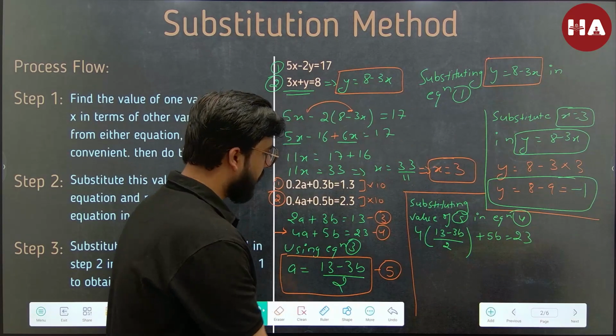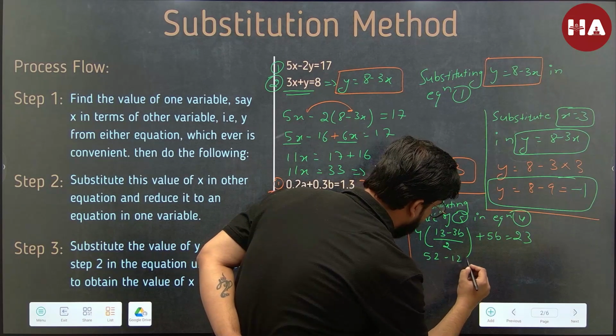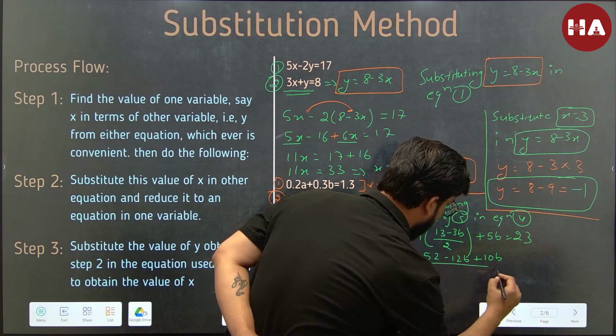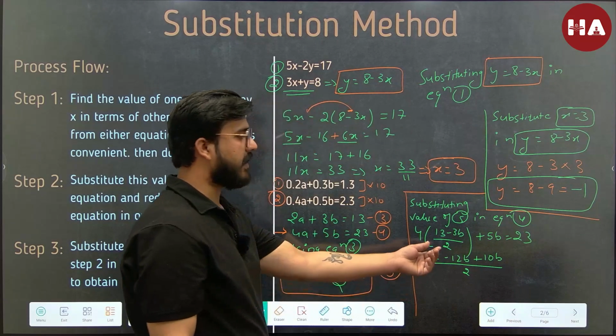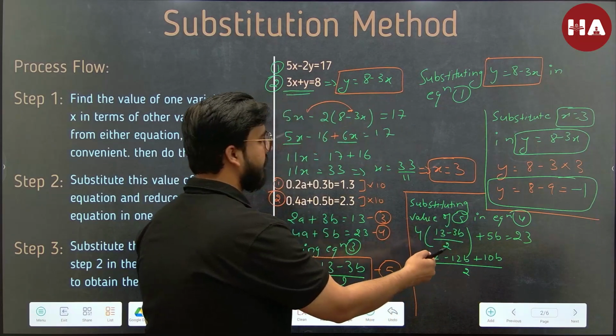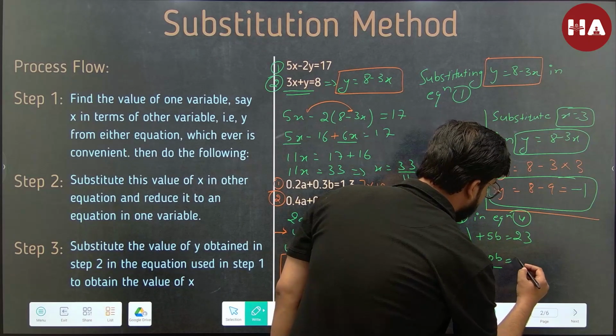Okay students, now this will be what? 52 minus 12b plus 10b over 2. I have taken the LCM side by side. So this will be 4 multiplied by 13, that is 52. This is 12b plus 10b equals 23.